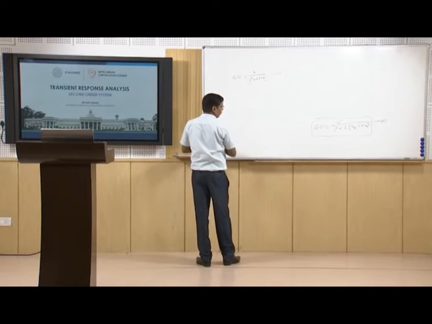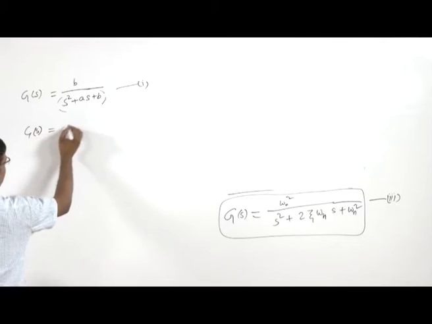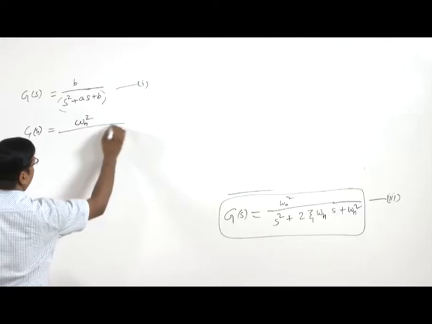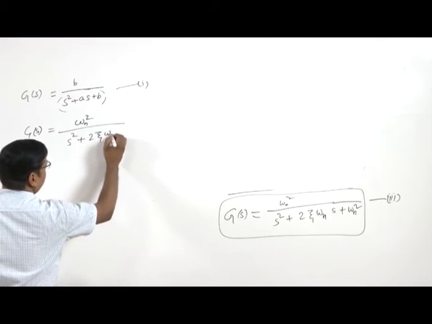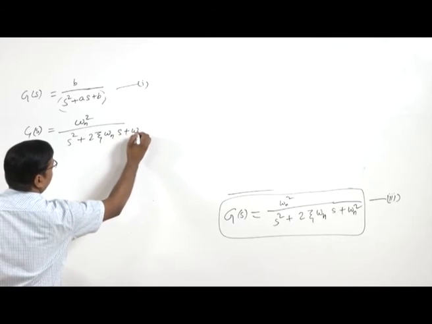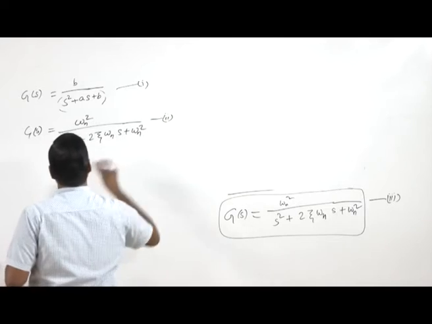So we have 2 forms. The second form, G(s) equal to omega n square upon s square plus 2 zeta omega n s plus omega n square. This is equation number, let us say, 2.